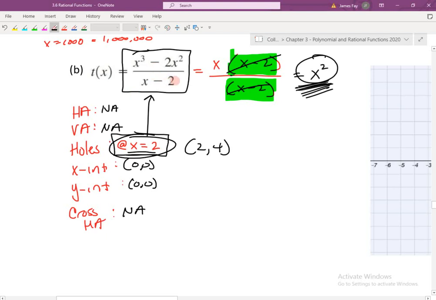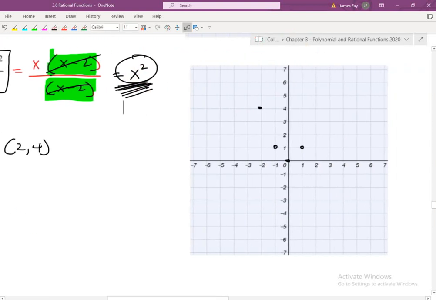So if you ever accidentally do that, that hopefully signifies, oh, can't put it in that one, put it in the reduced one. And you get 2, 4. What that tells me is that 2, 4 is on x squared, which we knew about, but on the original function, it should be an open dot instead of a closed dot, meaning that that point is undefined there.